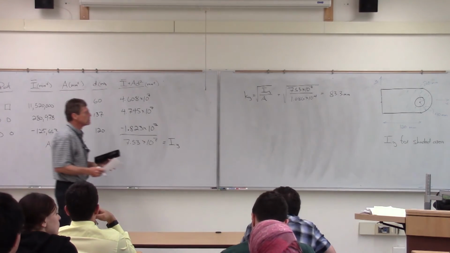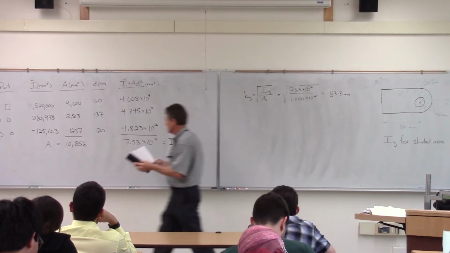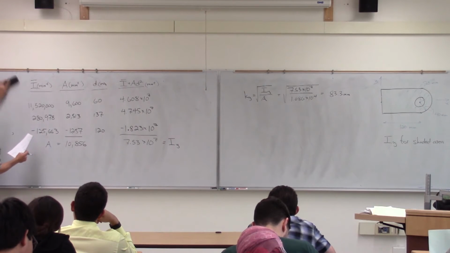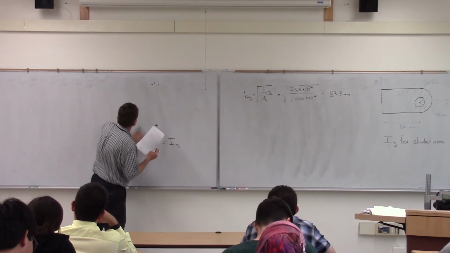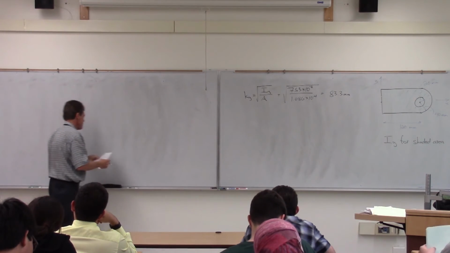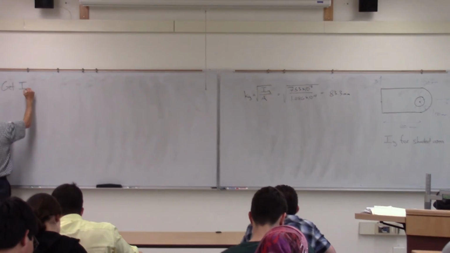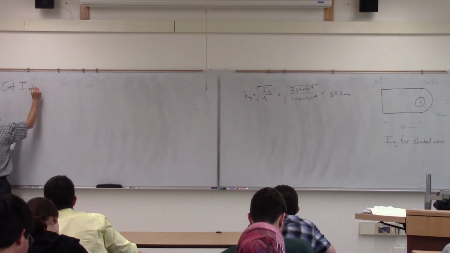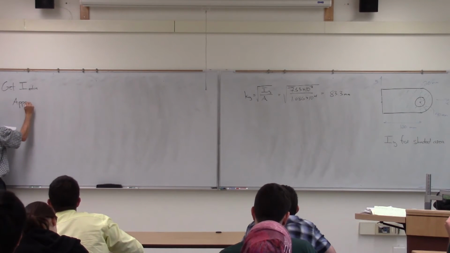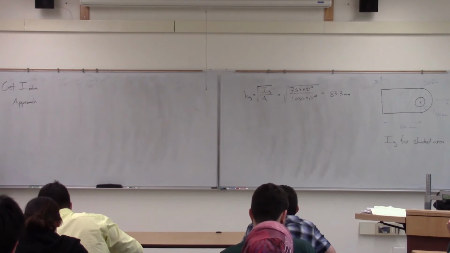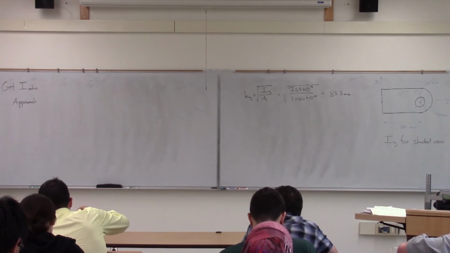What you'll be interested in is, okay, let's find the moment of inertia about the centroid of this particular section here, because you might want to take this section and put it onto something else and have to do another parallel axis theorem.